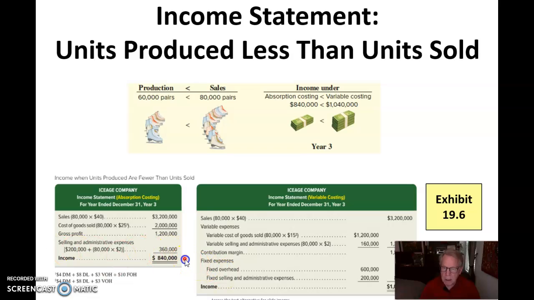And that gives me $840,000. 200,000 less than our variable costing. That's because this year we are actually selling that 20,000 units that we overproduced in the second year. So here in year 3, we finally expense that, and that 200,000 hits the income statement through cost of goods sold and causes that difference of 200,000 here.